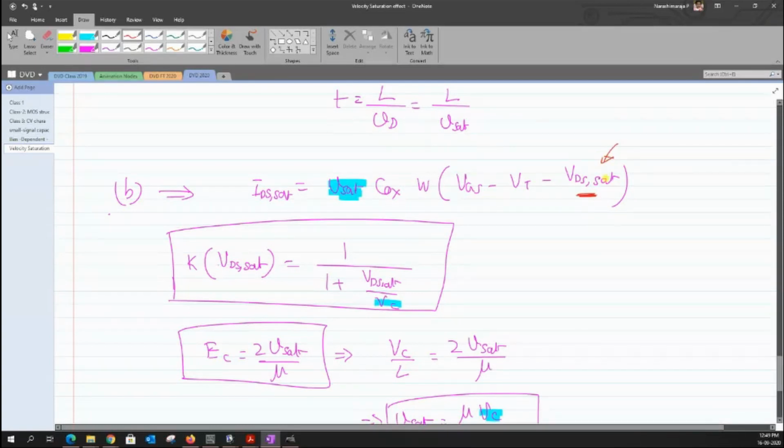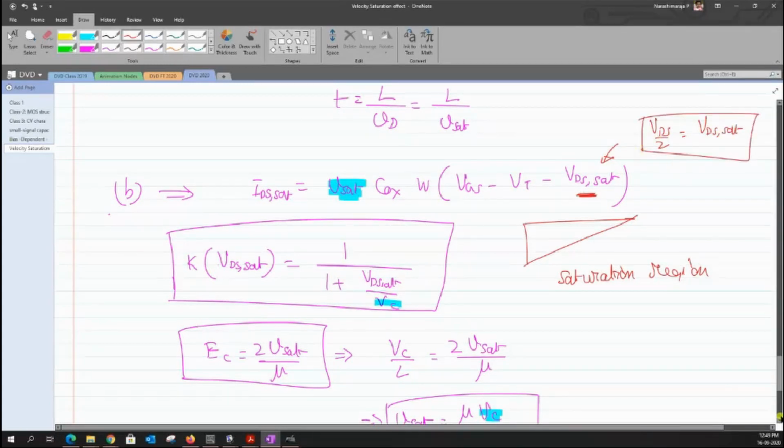Okay, the reason behind this substitution is just because the channel is tapered when we are in the saturation regime, and due to which this VDS by 2 is being rewritten as just VDS sat. Clear?